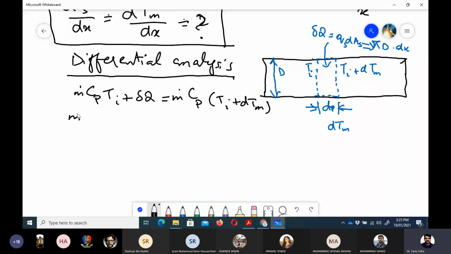So I can put in the values: Ti plus Qs into perimeter into dx, where the perimeter for a circular pipe is pi d, so I write it as P into dx.